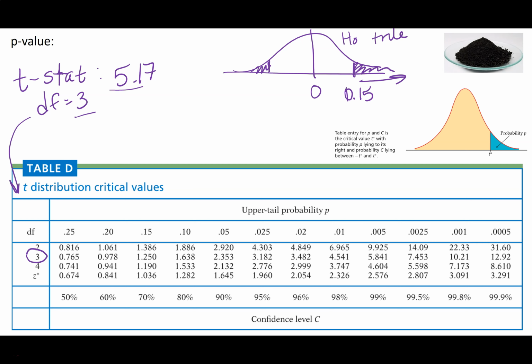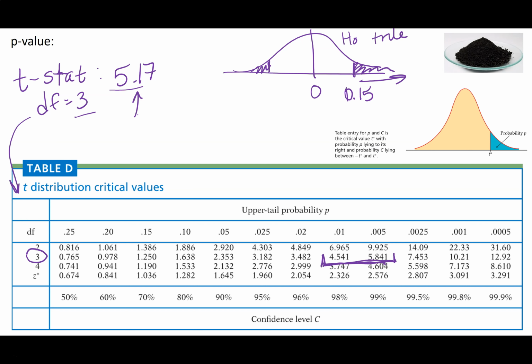So I need a 3 row, and then I need to look in here for where 5.17 lives. Usually it lives between a couple of these numbers. It could live off the edge. That happens as well. But looking here, it's definitely going to be inside. I've got 5.8, that's bigger than it.